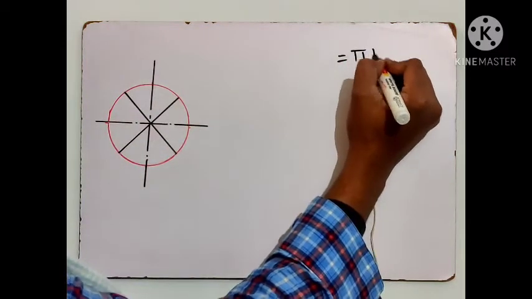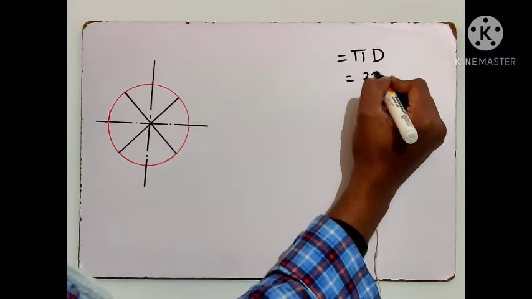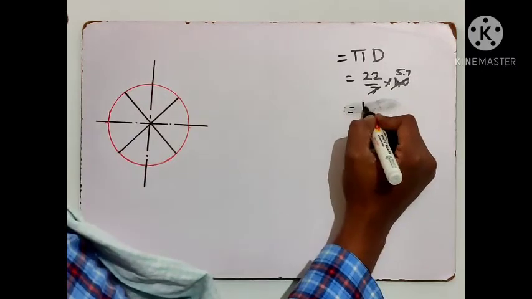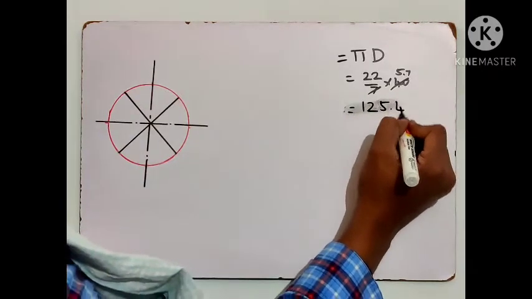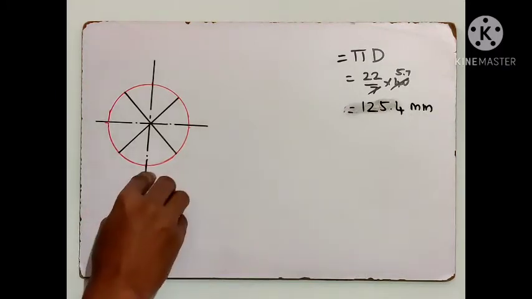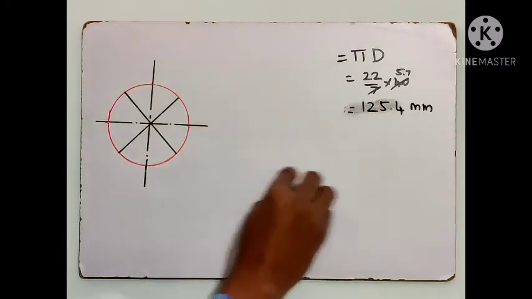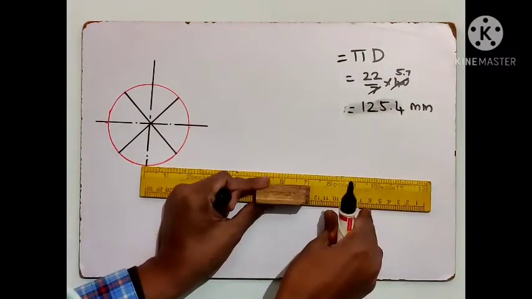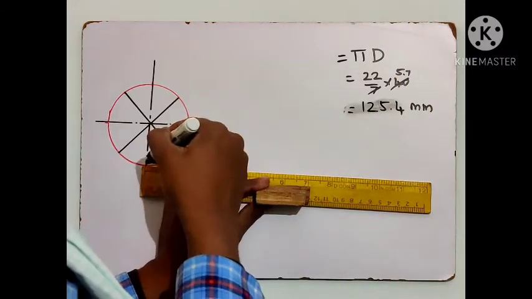Pi d is the formula for circumference. 22/7 into 40, we will get something like 125.4 mm. So the horizontal surface we need to draw for the length of 125.4 mm. I am going to make the horizontal surface something like this.